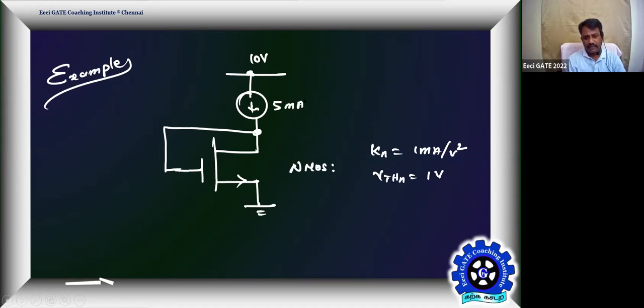I'm connecting a current source of 5 milliamps. The problem is: find the potential VD in the given circuit. Try.